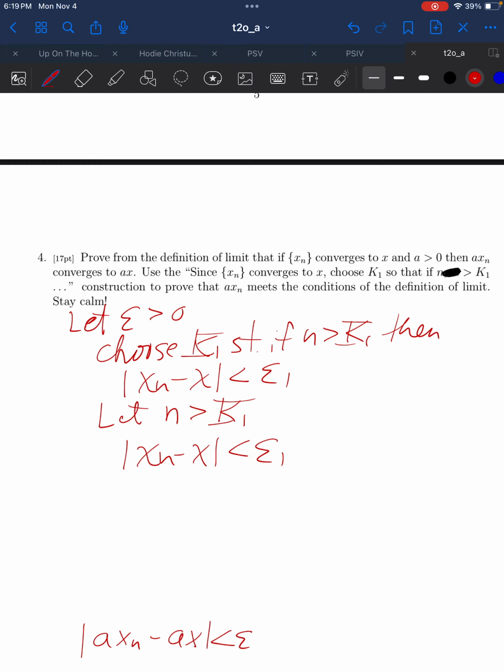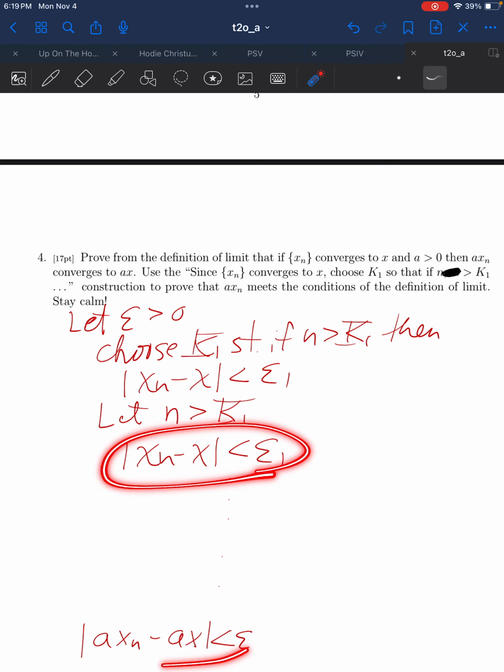So here's our task, right? You can see we can guarantee by making it go past K that xn is within epsilon 1 of x. We need to guarantee that axn is within epsilon of ax. It is, I think, pretty clear what you should do with this equation to make it look more like this equation, which is to multiply it by a. Right?